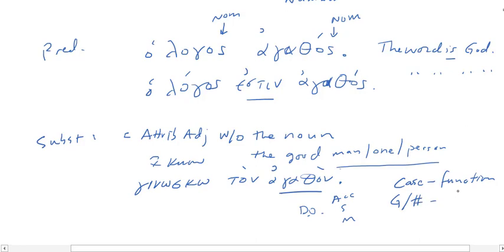Okay? The gender and number is based on what? What it stands for. What noun that we've omitted that the substantival adjective stands for. Because that's what it's doing, right? It's standing for a noun. And so in many ways it's like a pronoun. How do you choose which pronoun you use? Well, you think about the noun that you're replacing the pronoun with, right? So if I'm talking about a woman, I'll say she.